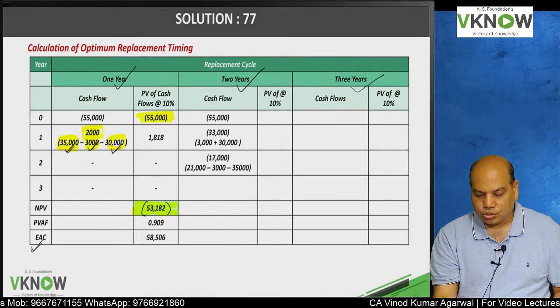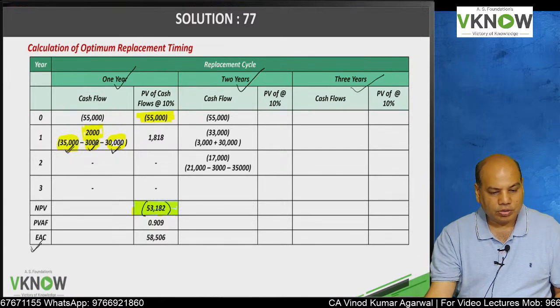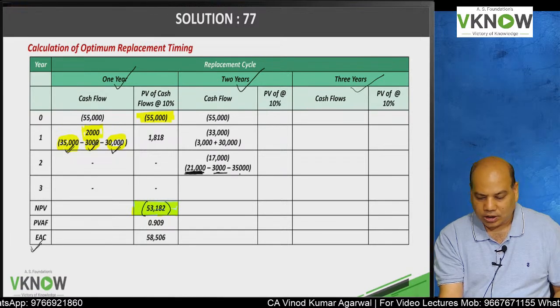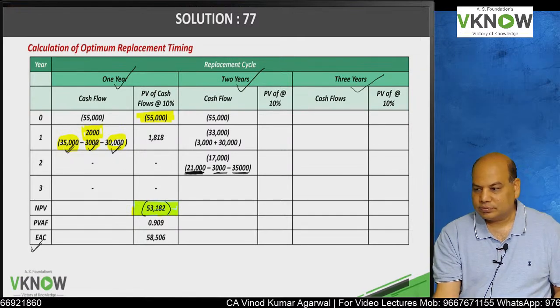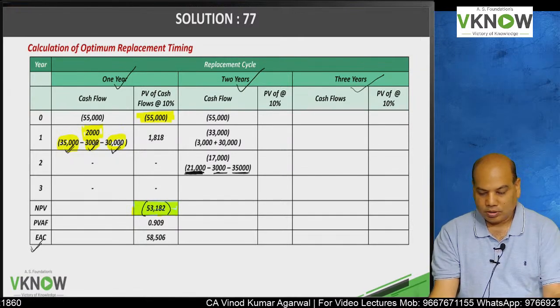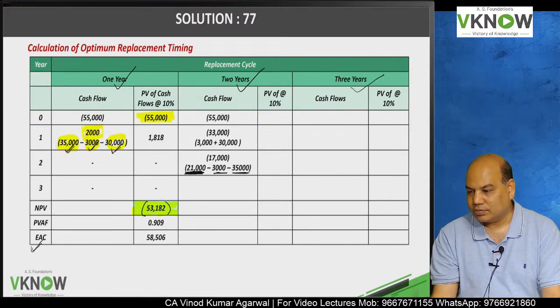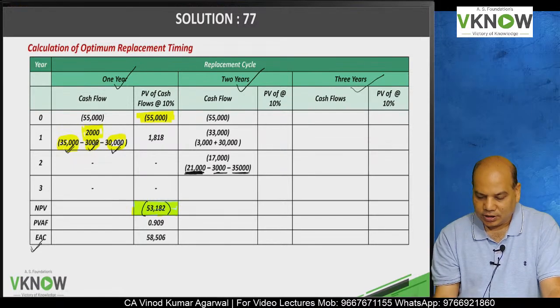And in year 2 we are going to scrap it also. So we are going to receive 21,000 rupees scrap value minus 3,000 road tax minus 35,000 petrol repair. So what is my net cash flow of the second year? 17,000. 17,000 is right. Please check.